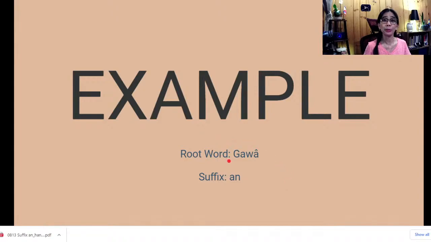First we have the root word gawa. Gawa means do or make. In English you think that it's a verb, but here, if you only say gawa, it's not a verb. Although it can sound like a verb, later you will understand that when the suffix is applied, it is not a verb anymore. Suffix an is what we want.